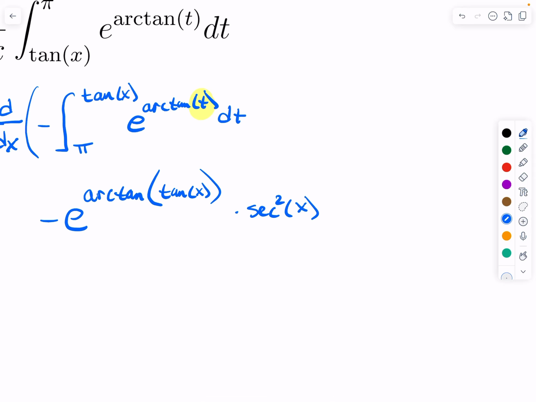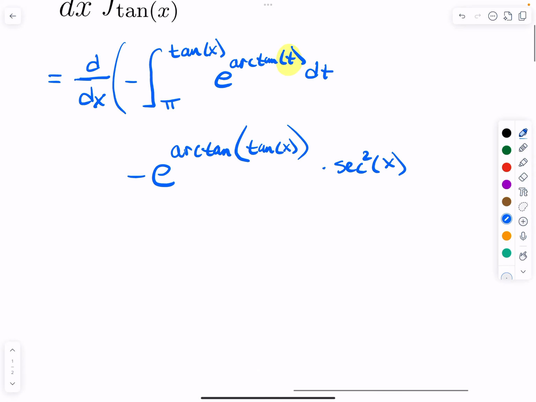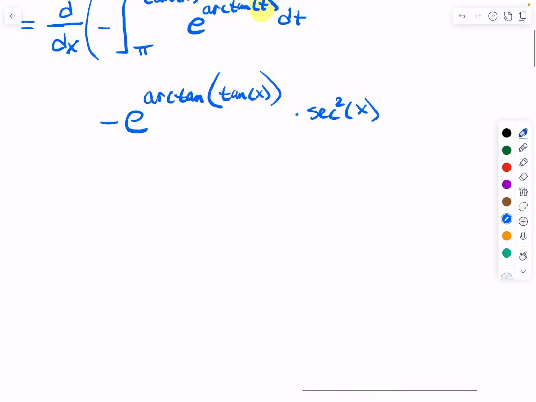Well, technically, the arctangent of the tangent of x is not equal to x unless x is in the range for arctan. So I'm tempted to write this. Here, I'll do it.